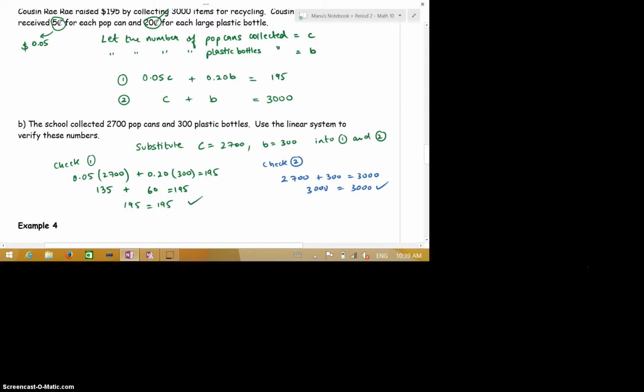So that one's verified as well. So therefore, C equals 2,700, B equals 300 satisfies the system of equations.